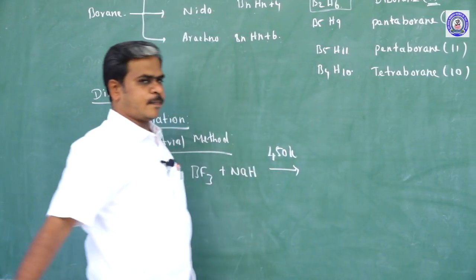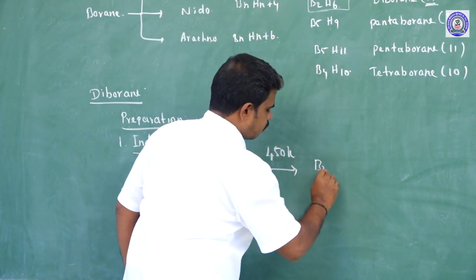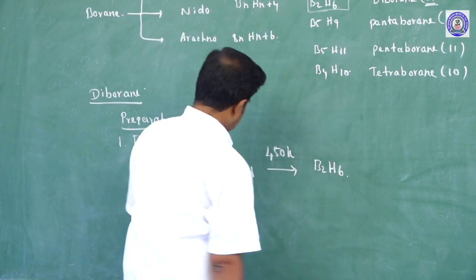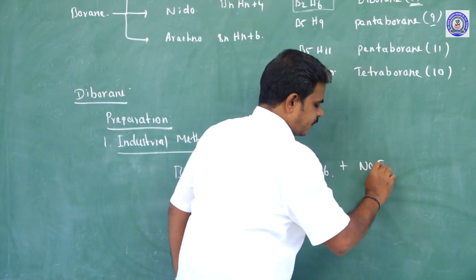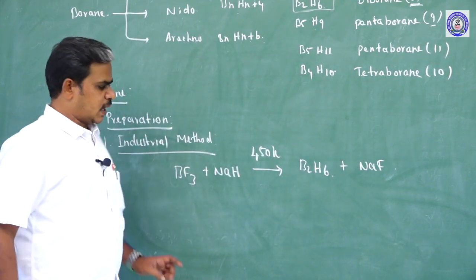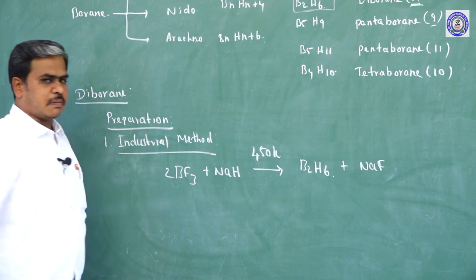450 Kelvin. Then we get B2H6, that is diborane, and NaF, sodium fluoride. Now, 2 boron on one side, 1 boron on the other, so we balance by 2.